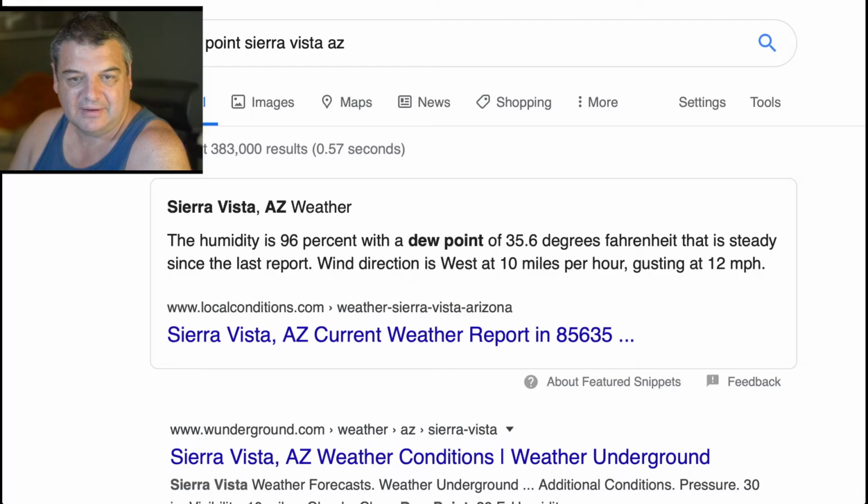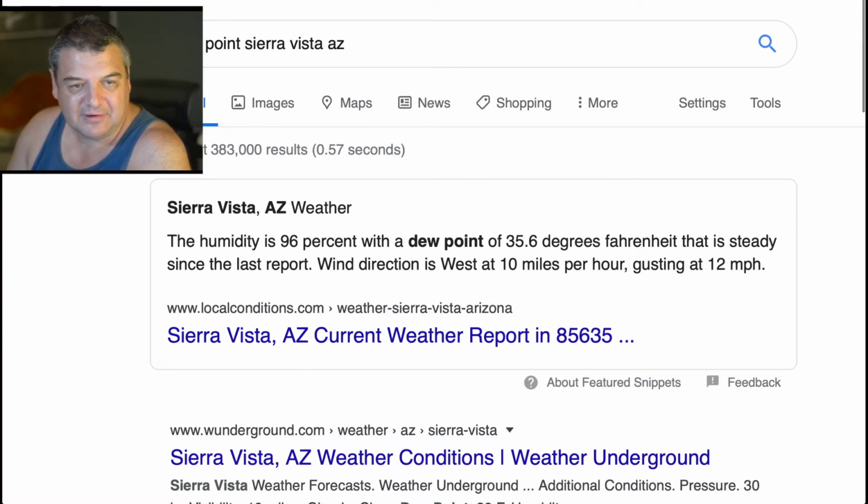Dew point 30. Yeah, see, here we go. So you see here, the humidity is 96% with a dew point of 35.6 degrees. So that's fairly high, 96%. Wow.